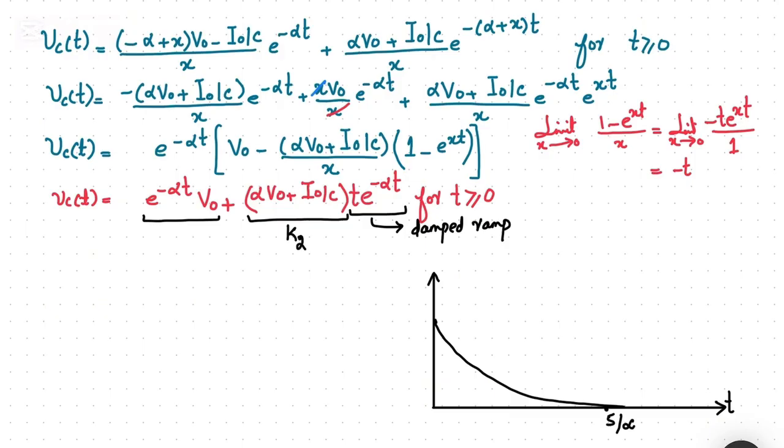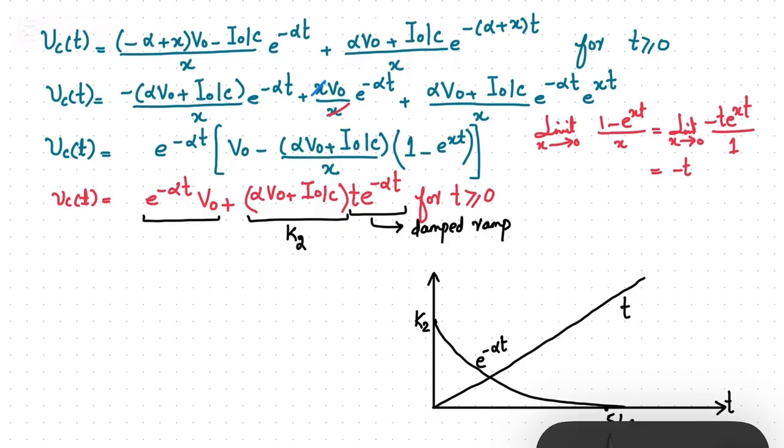Let's call this factor k2. So this is k2 and this is the sketch of e raised to power minus alpha t, multiplied by a ramp function.